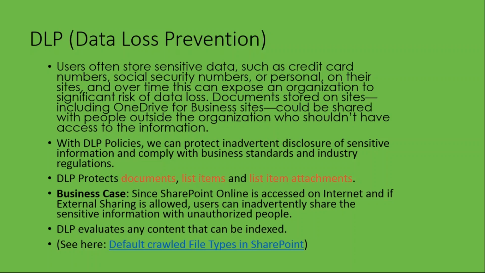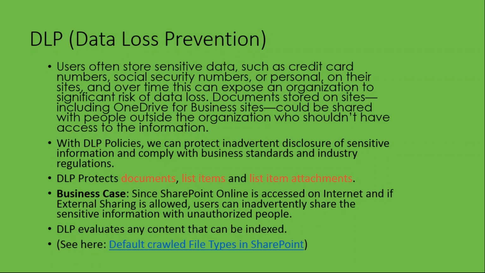Or they can have some industry-specific confidential information. We understand that if this sensitive information is shared with people outside of the organization or any unauthorized person, it will be a big data loss for the company. So how Office 365 can prevent this data loss, we will see in this topic.